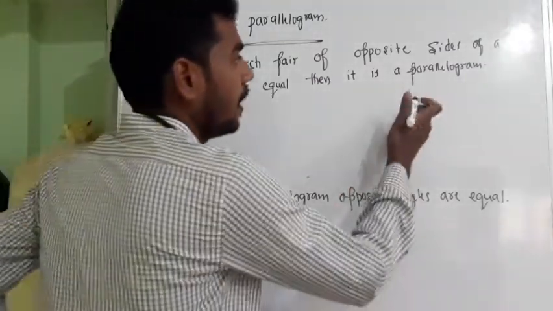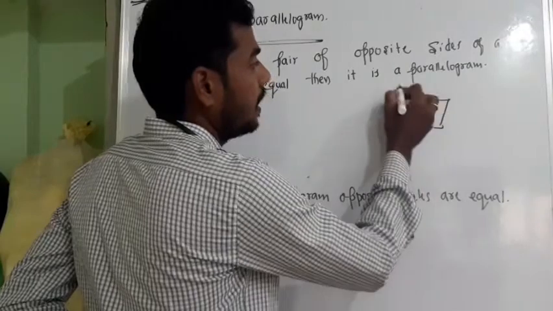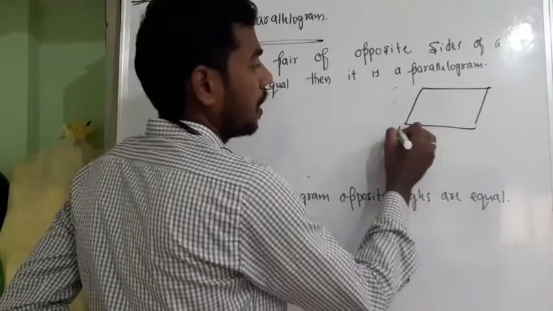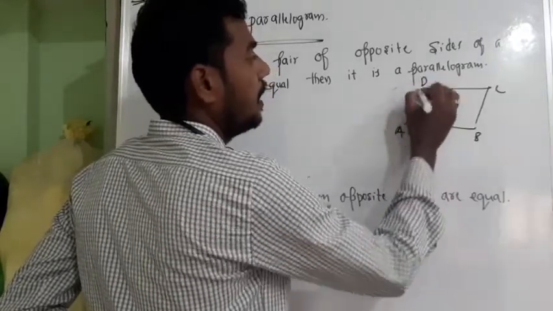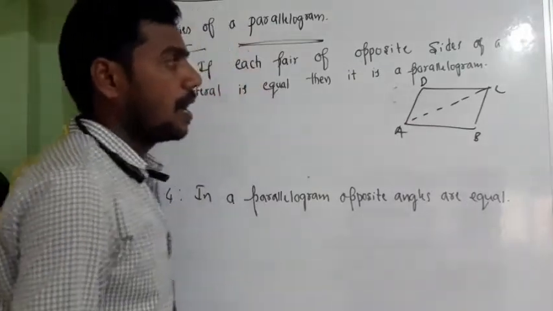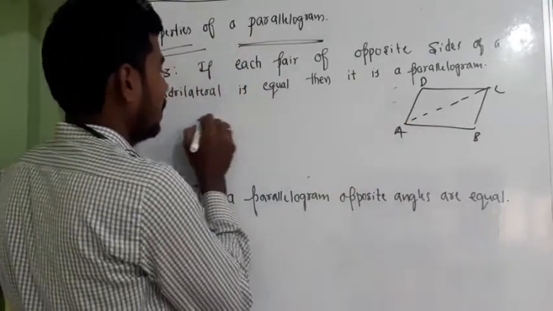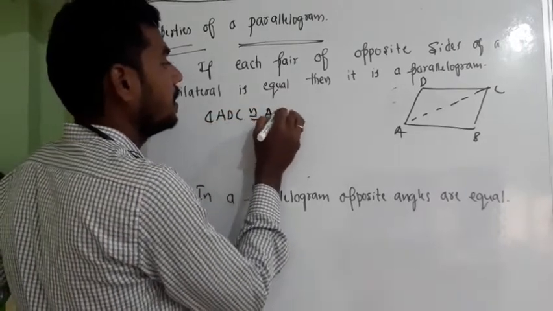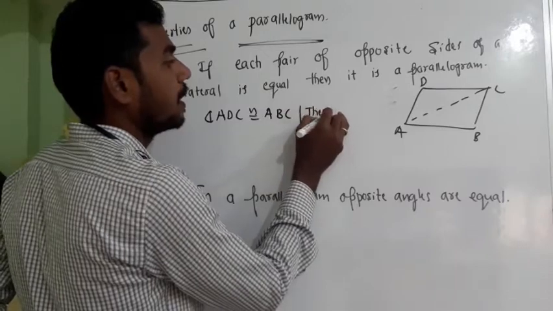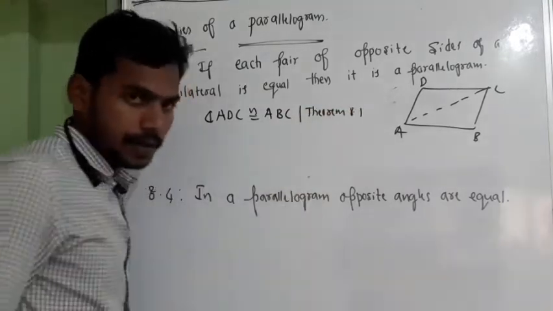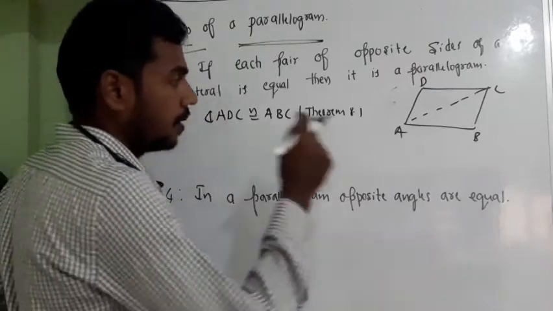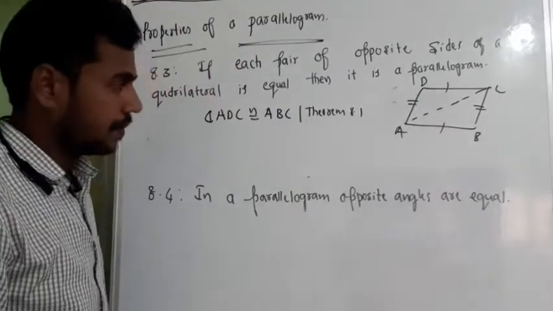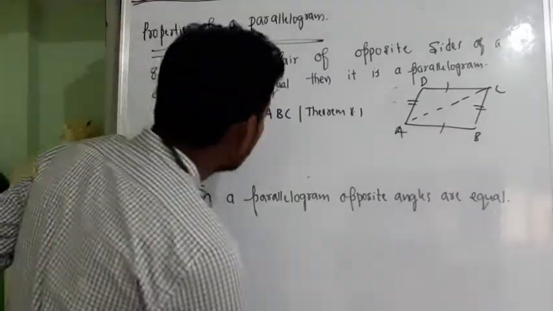Suppose I take ABCD. Already we know that triangle ADC is congruent to triangle ABC. This is from theorem 8.1. So opposite sides will be equal. Okay, they're talking about each pair.